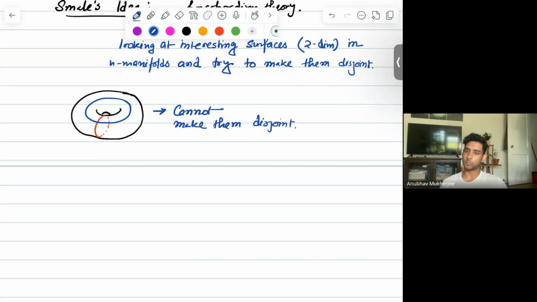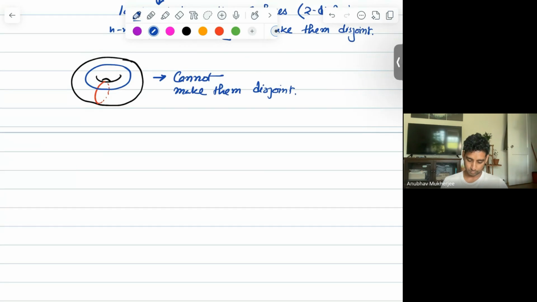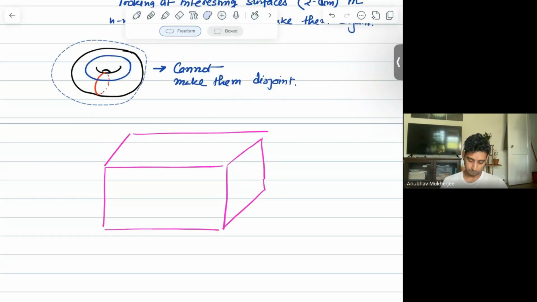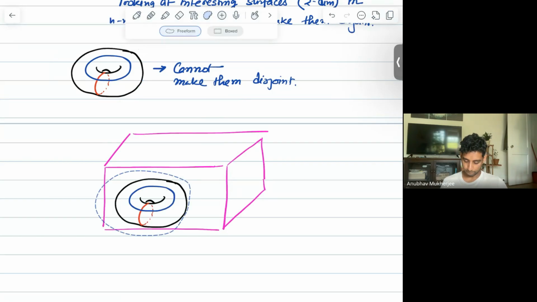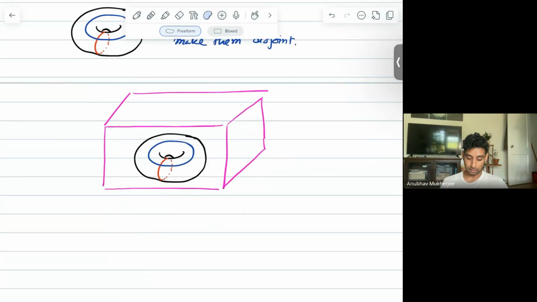But now notice that if I put this same torus inside a 3-dimensional space, then I have an extra dimension. And I can use this extra dimension of freedom to push one of the loops up. If I do push one of the loops up, then they are disjoint now.